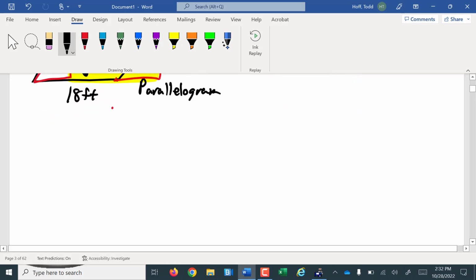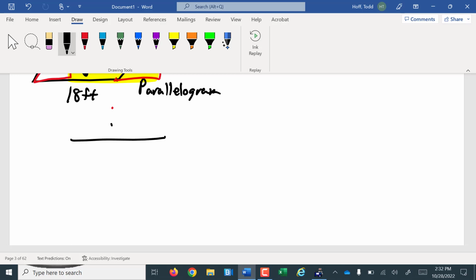In fact, if we think of that idea of taking that line segment or that stick and dragging it across the sand, if I have an 18-foot stick, I know that's a long stick, but I don't even have to drag it straight. As long as I keep it parallel to its original orientation, I can drag it like that if I want to.